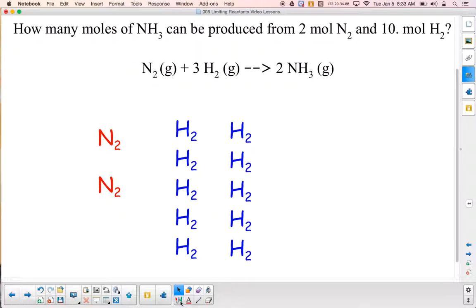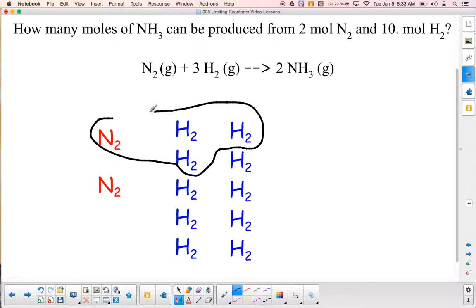Now I'm going to get a pencil or a pen, and I'm going to start looping together what it takes to make the reaction occur. I know that for this reaction to occur, I need 1 mole of N2 and 3 moles of H2. And out of that, I'm going to be able to produce 2 moles of NH3.